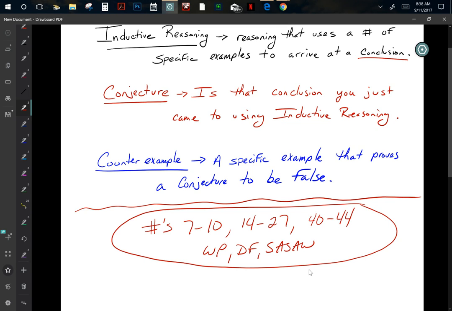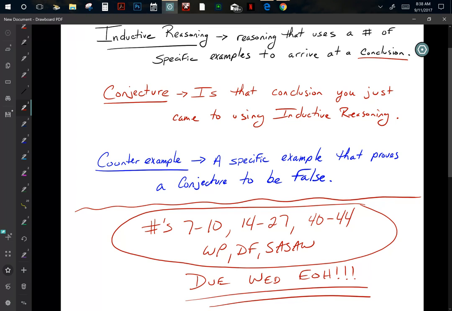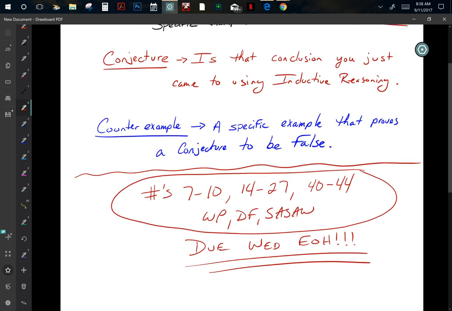Okay, another thing. These are due Wednesday at the end of the hour. We will do 2-1 today. We will do 2-2 tomorrow.